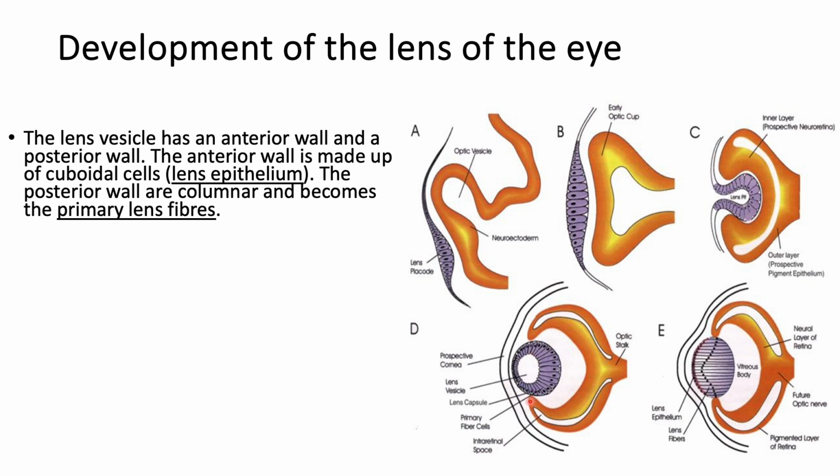Now when that spherical mass is formed, you have an anterior portion here and then a posterior portion. The anterior portion is related to the cornea or the surface ectoderm.